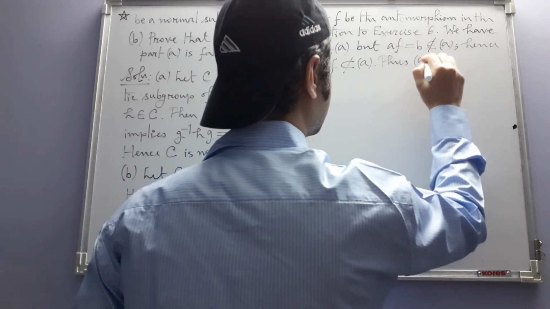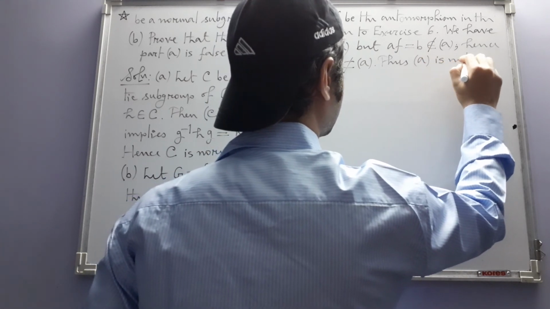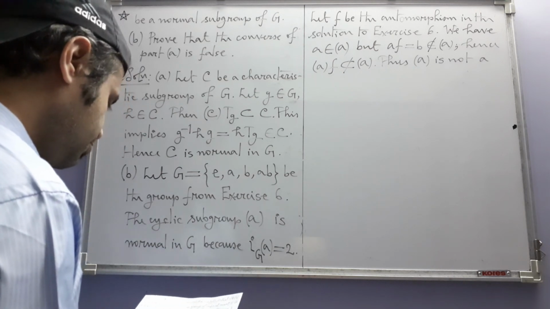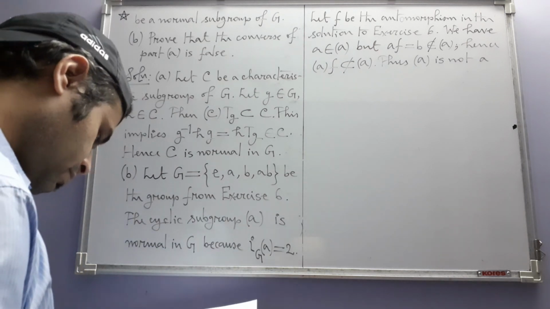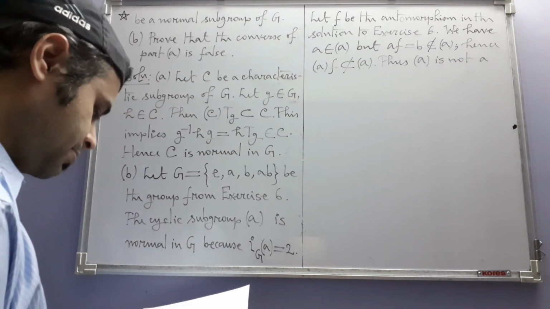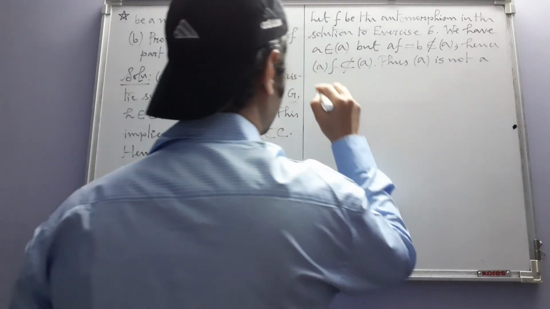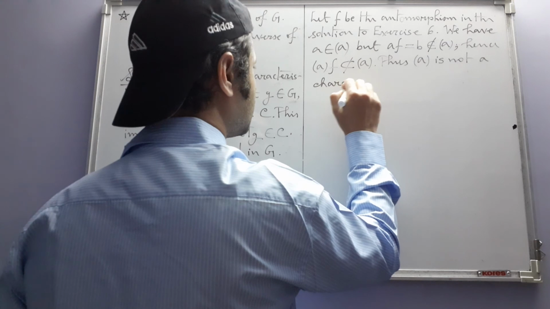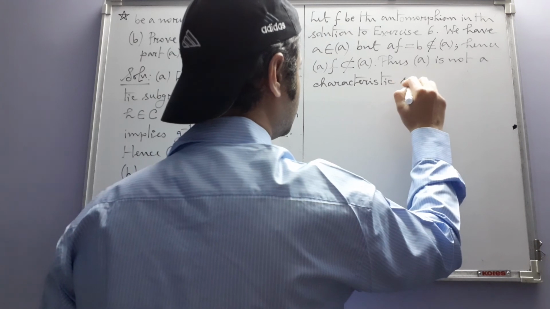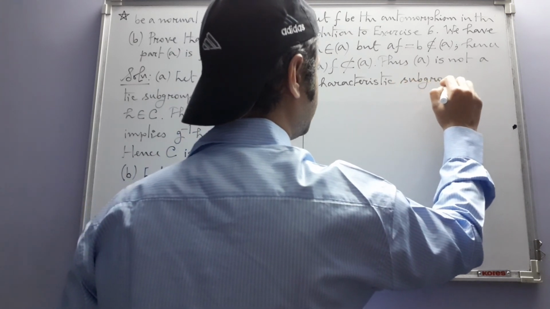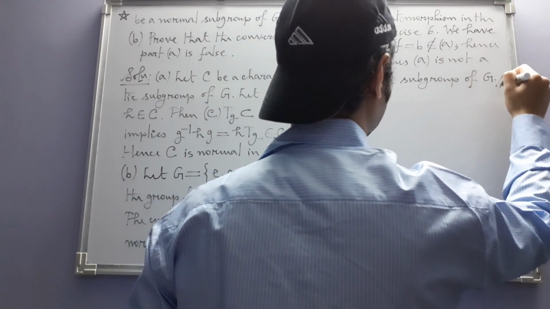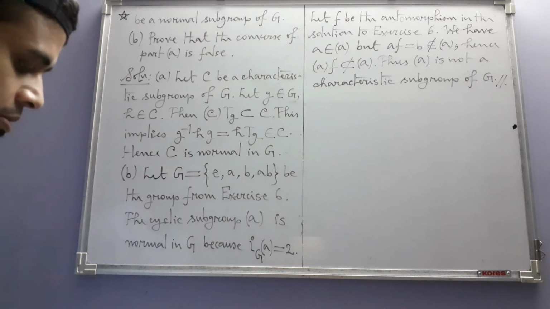Thus, let me just check for a moment, A f, yes, A f is B. So this is not a characteristic subgroup of G. So that completes this solution.